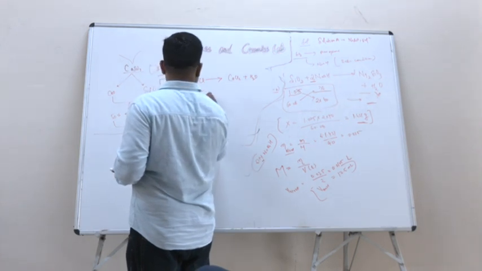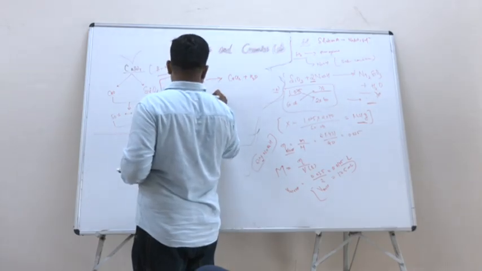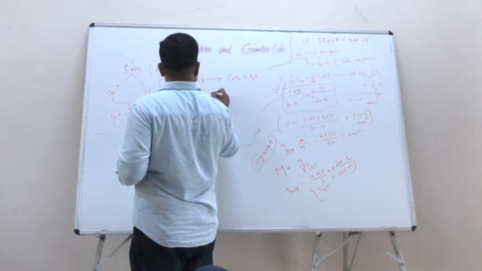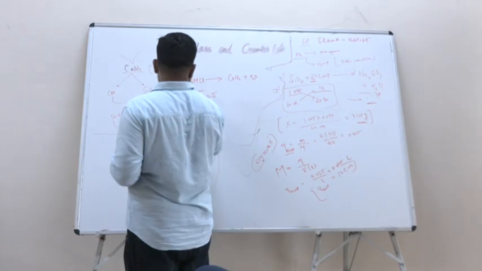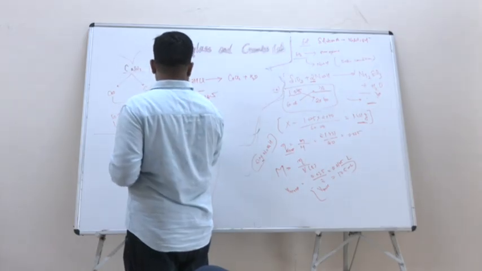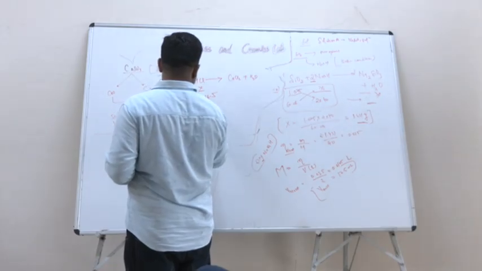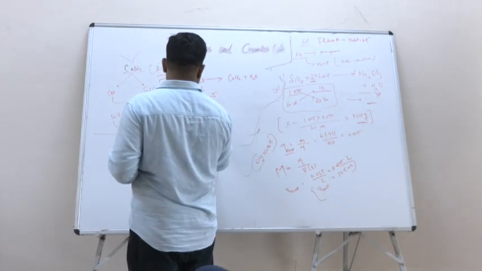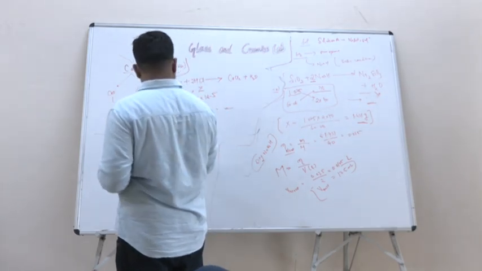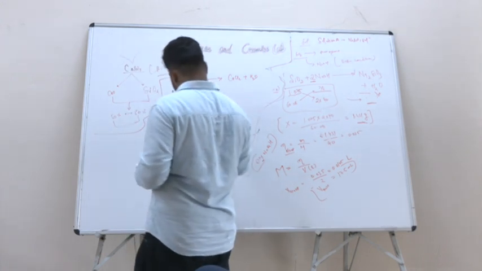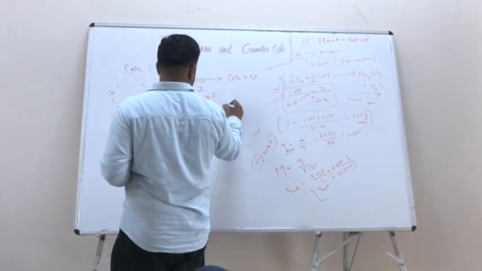What is the molecular weight of HCl? 36.5. This value of X you will get is 1.301.